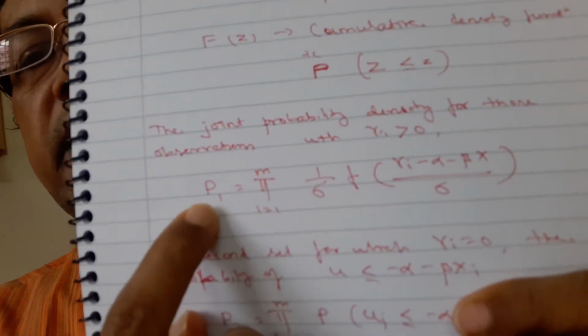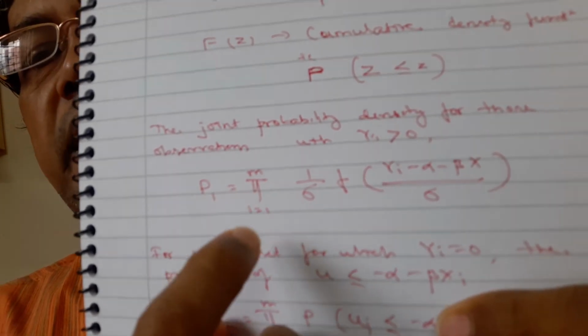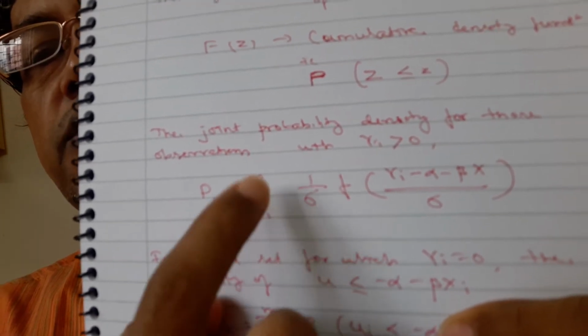So for applying the maximum likelihood procedure, let us take the set of observations for which our y value is observable. There is a positive expenditure spent on buying an apartment or a house. Then the joint probability distribution for those households I can denote as P1 as pi, i running from 1 to m.